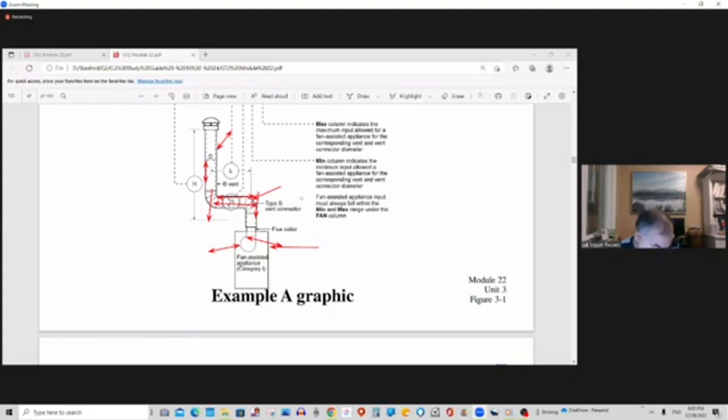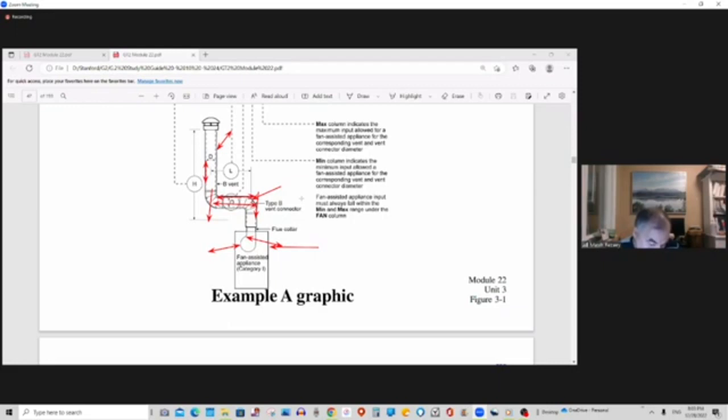Lateral is 2. Height is 8. L is 2. And the structure complies with 8.2.1 A and B. Please find the diameter of the vent.